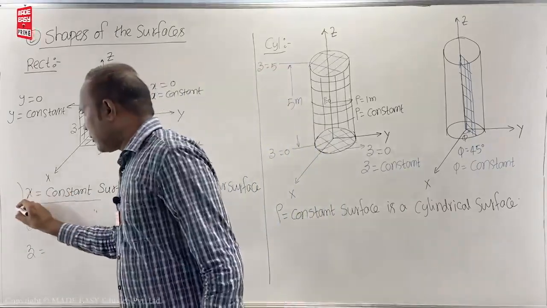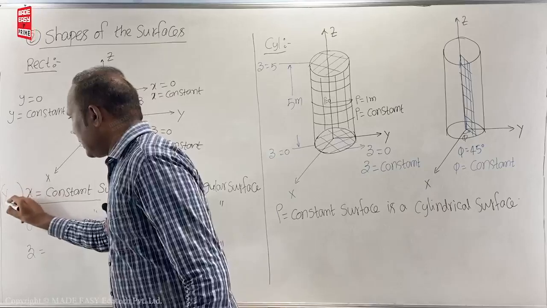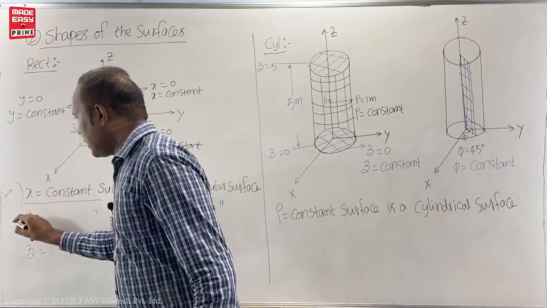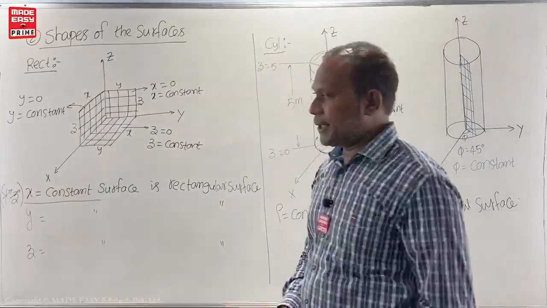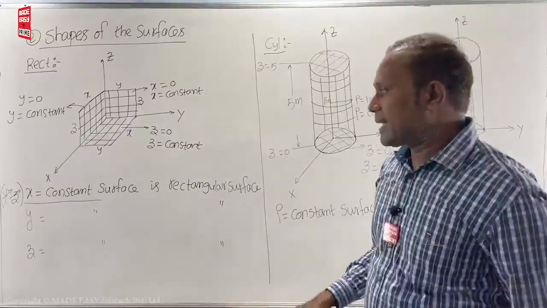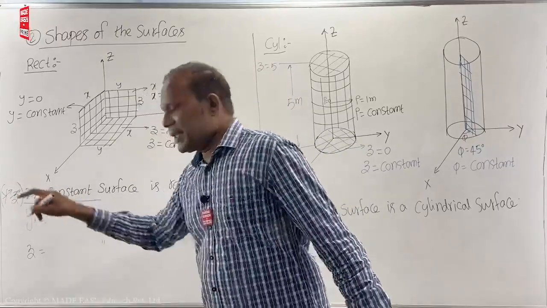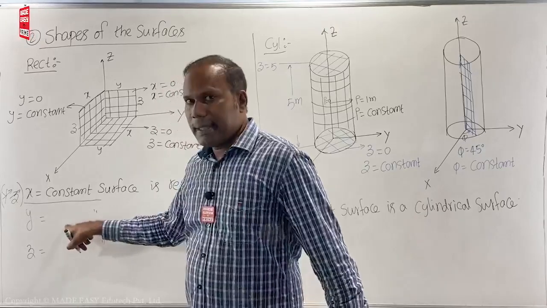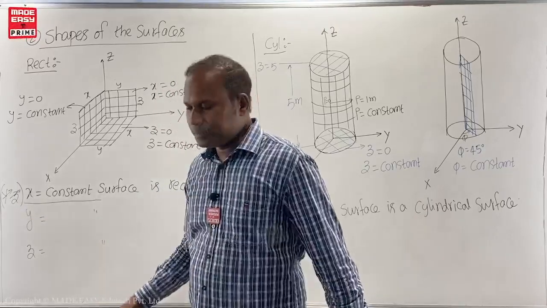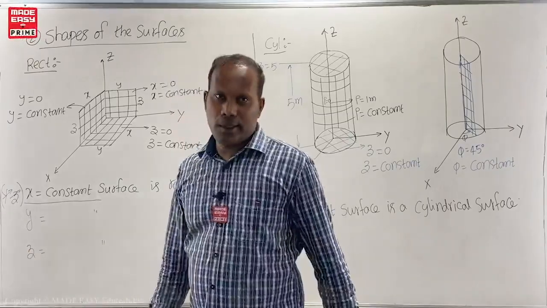So here for this surface, y is variable and also z is also variable. Already we have discussed. Surface has one constant, that is x, and two variables y, z. Like this, for y is equal to constant surface, x, z are variables. For z is equal to constant surface, x comma y are variables.